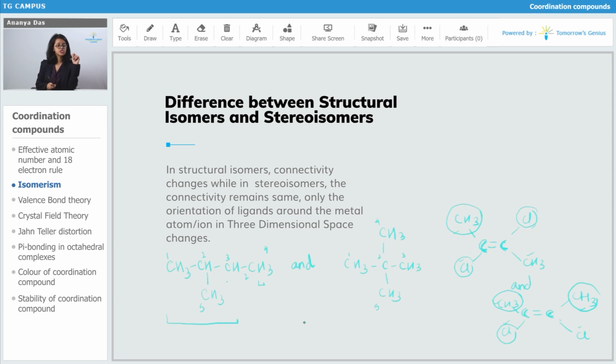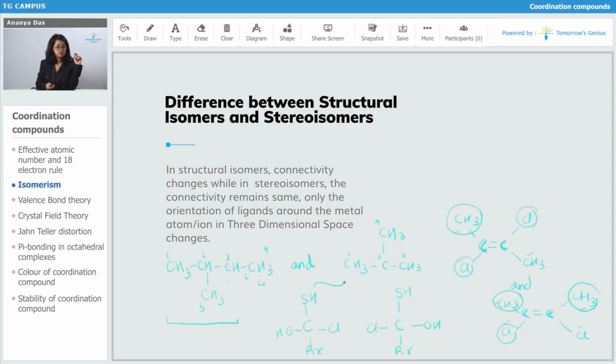Another example we can take of stereoisomers, like if I have carbon, to carbon there is an SH attached, there is an OH attached, there is a Cl attached and there is a bromine attached. Its optical isomer, let me just clear the board a little. To this carbon SH is attached, Br is attached, Cl is attached, and OH is attached.